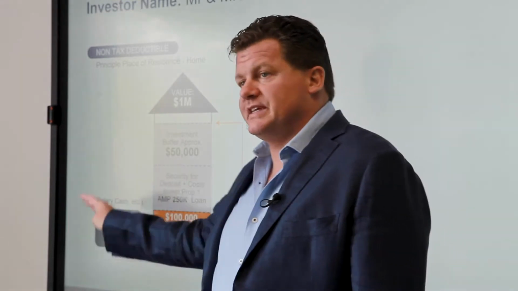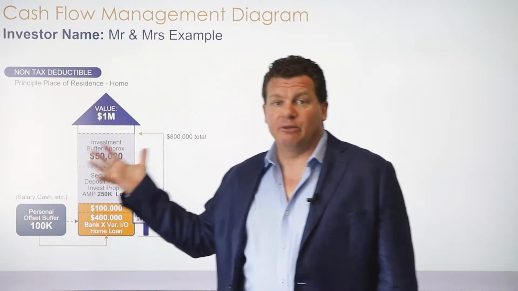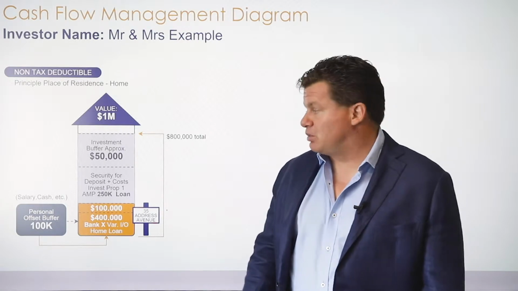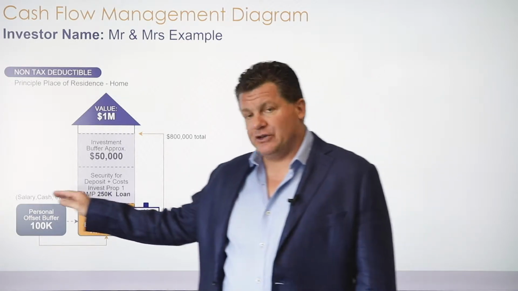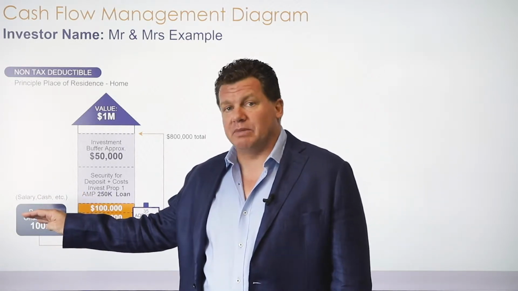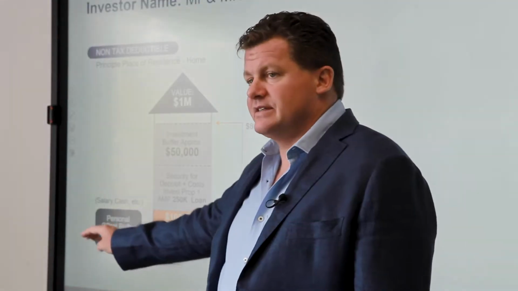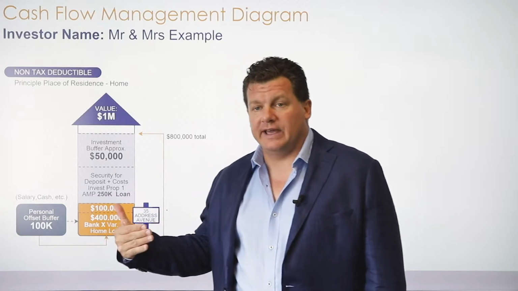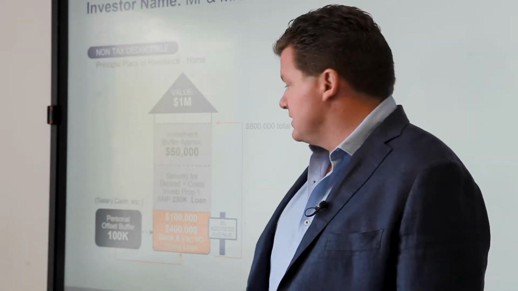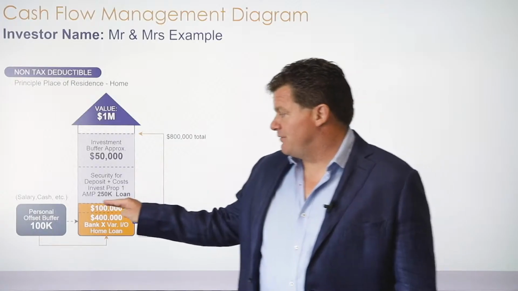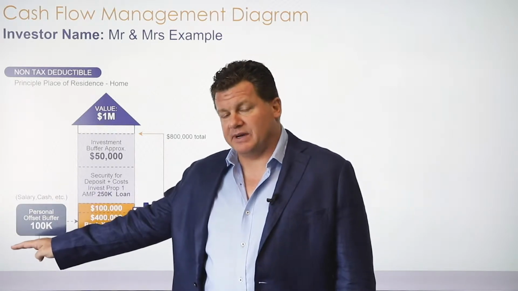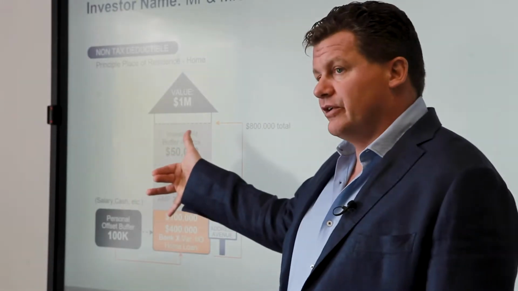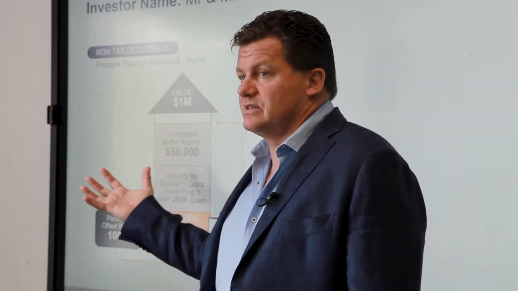So we always want to set up at least one buffer, and normally we recommend 2 when you're investing in property. So the first buffer is what we call a personal buffer. Whether it's $100,000 or $50,000 or a different amount, that's what we try and work out depending on your personal circumstances. So if the first $100,000 is used for personal buffer, out of the 400, we have $300,000 left.